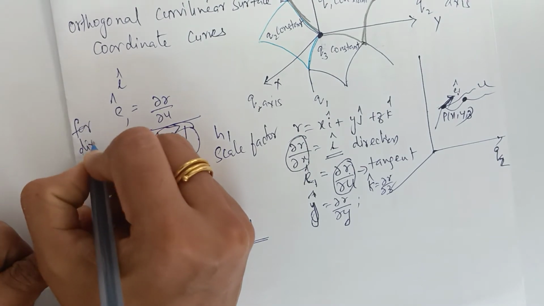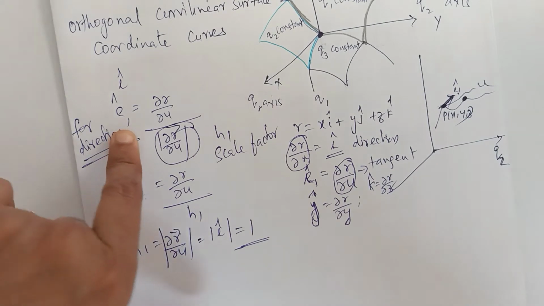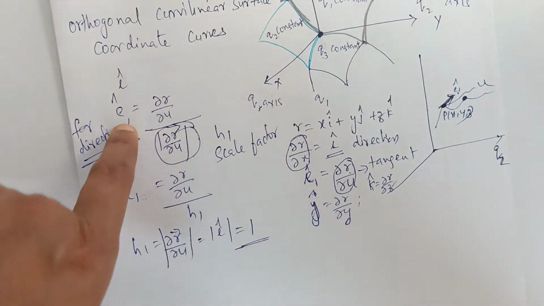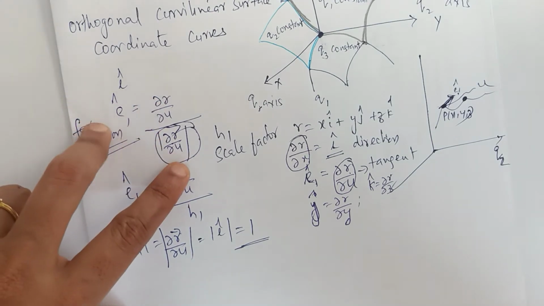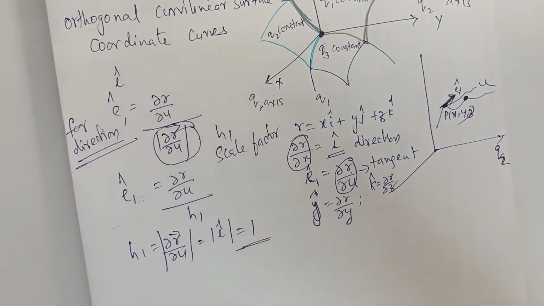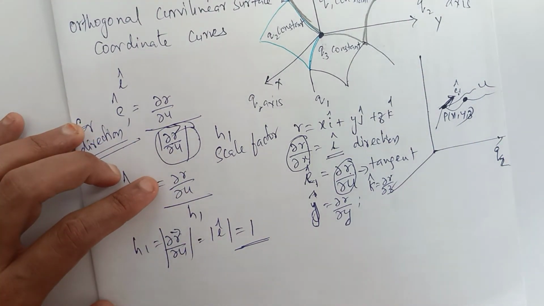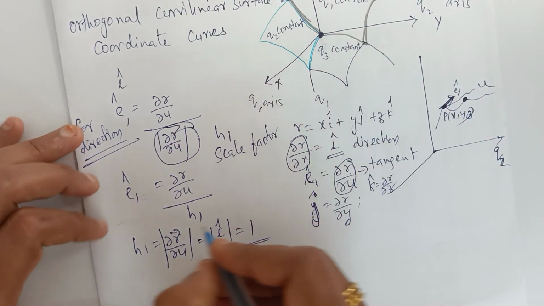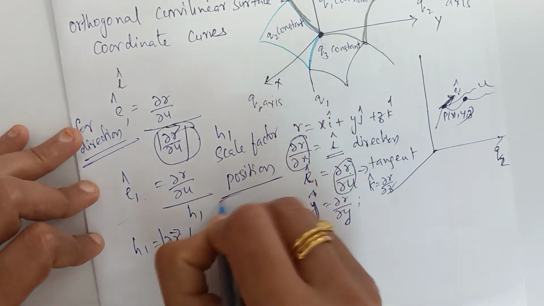For getting the direction, we write the unit vector along the x-axis, or i or E1 or U1, whatever it is, as dou R by dou U divided by the magnitude of dou R by dou U. That is the scale factor H1, which has different values in different coordinates. We can say the scale factor H depends on position.